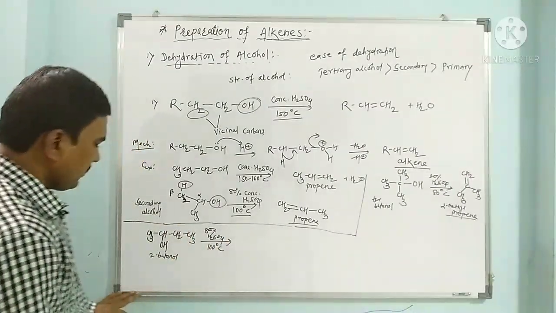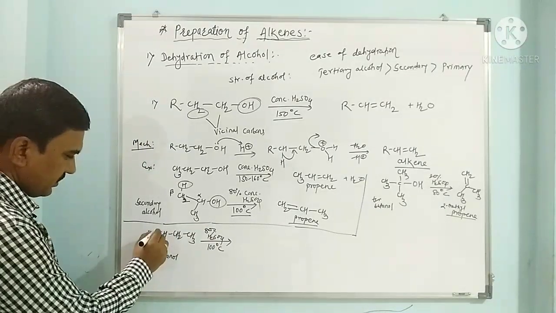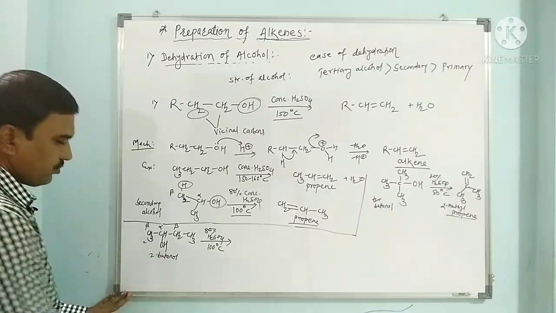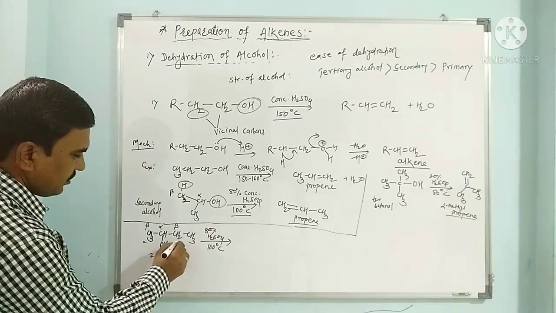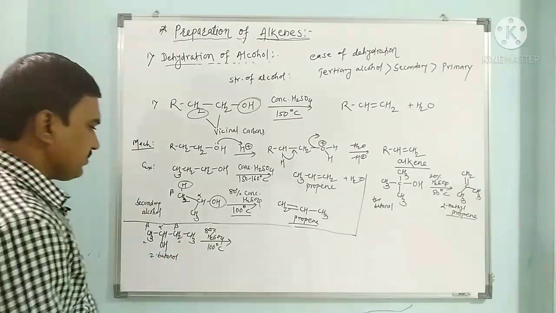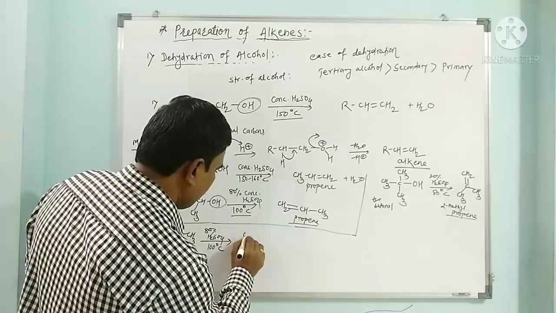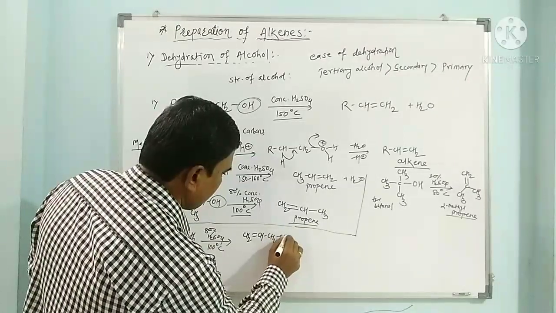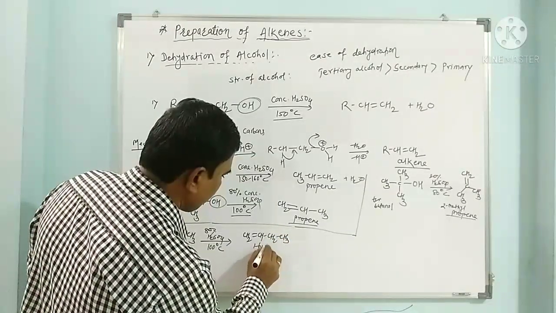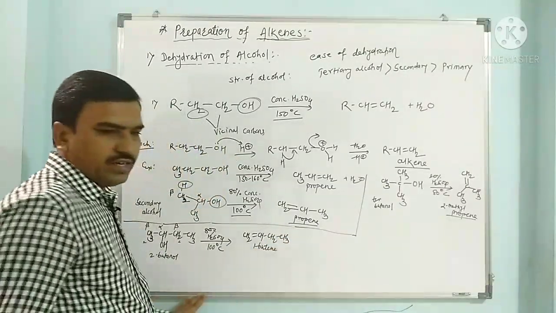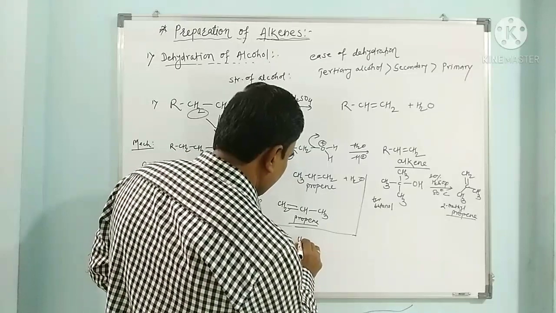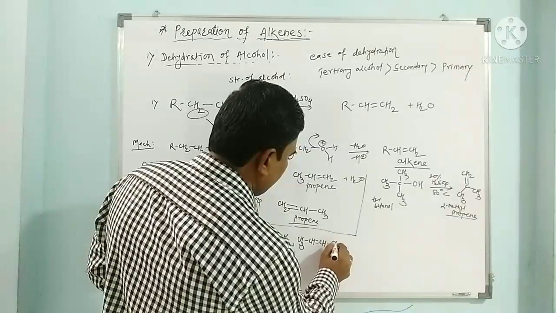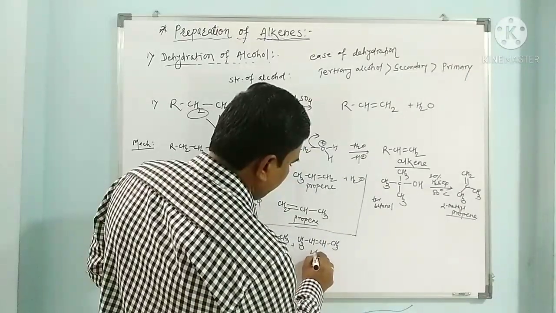Here we have two kinds of beta carbons: this is alpha, this is beta, and this is beta. So a proton can be lost from this carbon or from this carbon. So we get two products: CH2=CH-CH2-CH3, this is 1-butene, and the second is CH3-CH=CH-CH3.